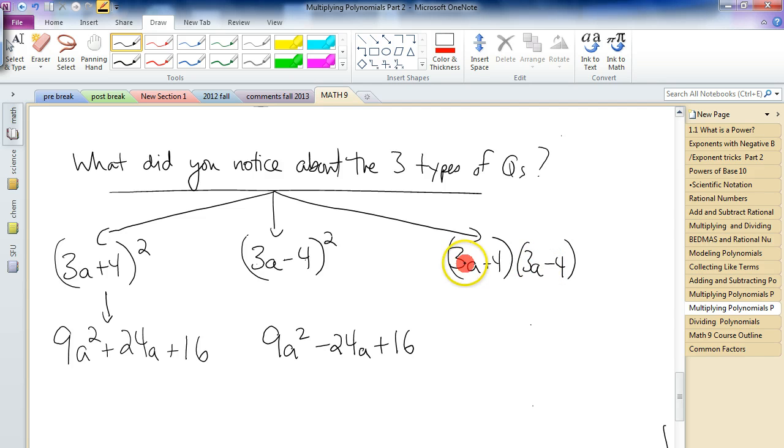You would just go 3a times 3a, which we have found out before is 9a squared. And we don't care about the middle terms. This plus and this minus, when we do all the multiplying, they're going to cancel each other out. The a's will be gone. And then you just do the last term, 4 times negative 4, negative 16. And that's your answer.